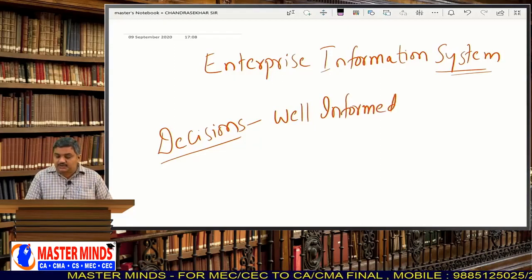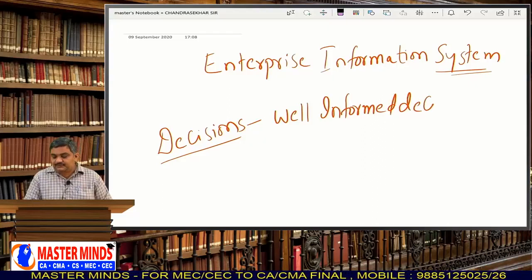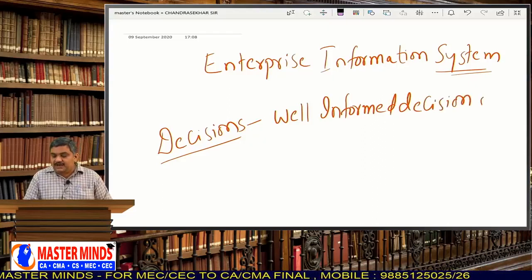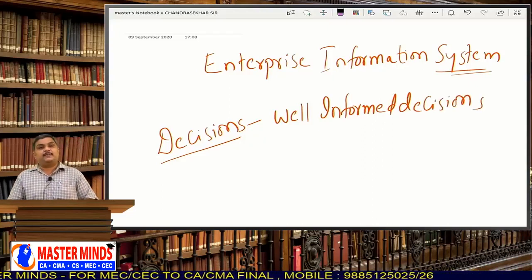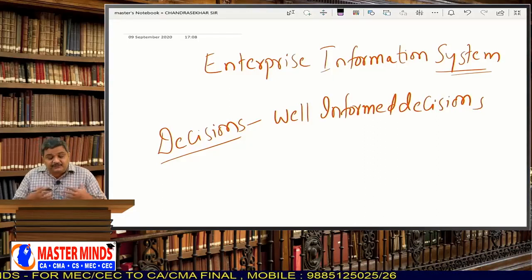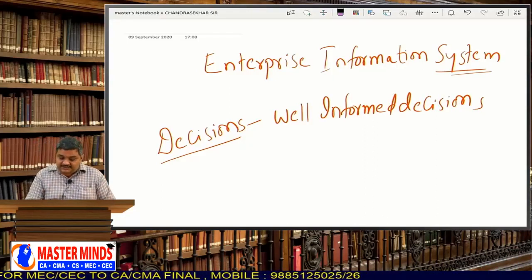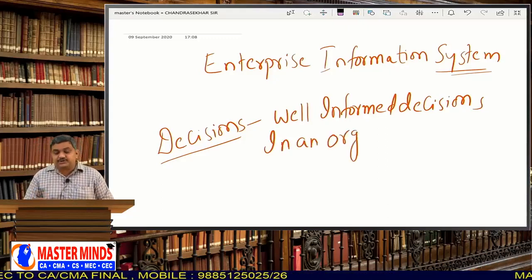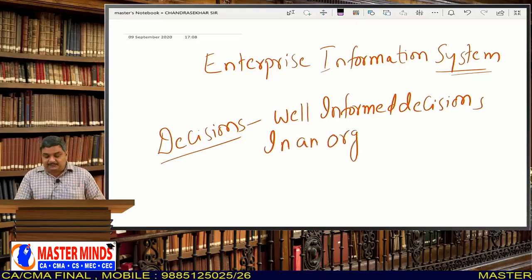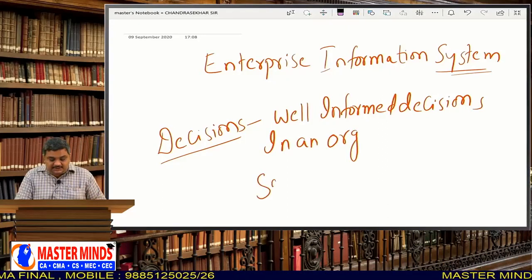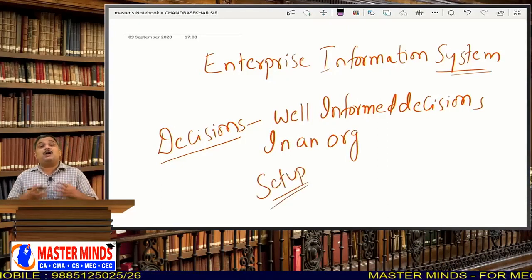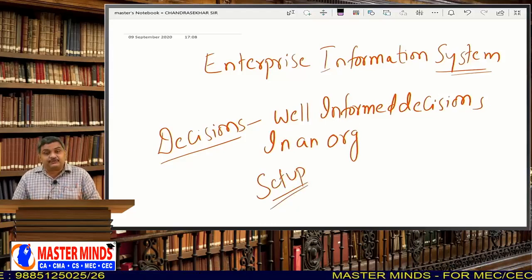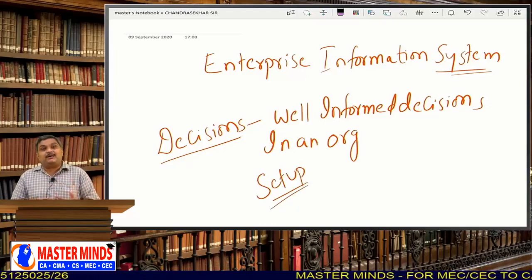We have to make well-informed decisions. This is the most important thing. In order to make well-informed decisions in an organization, every organization should have a setup. Setup means a setup of hardware, software, data, and people.